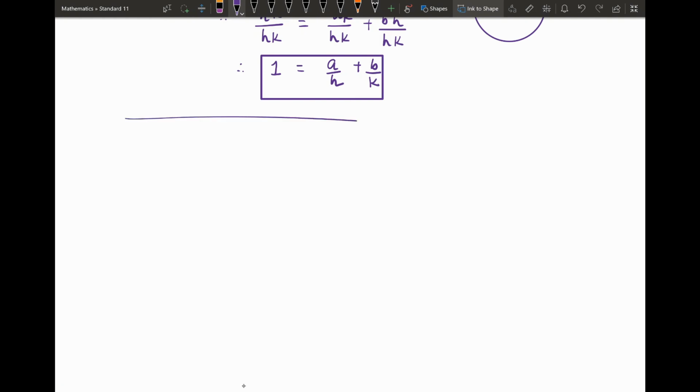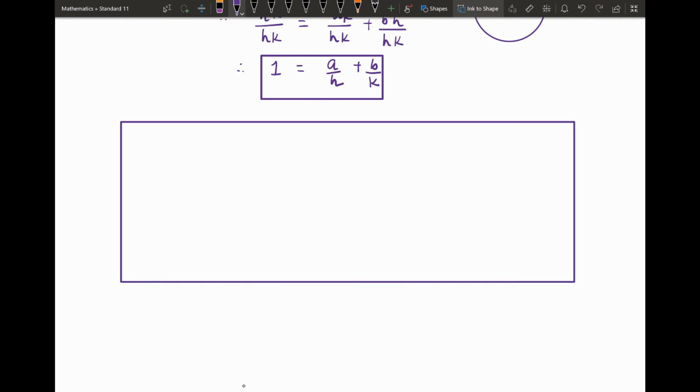We discuss point slope form. What is point slope form? For this line, its slope is known, slope is m, and the line passes through the point (x1, y1).